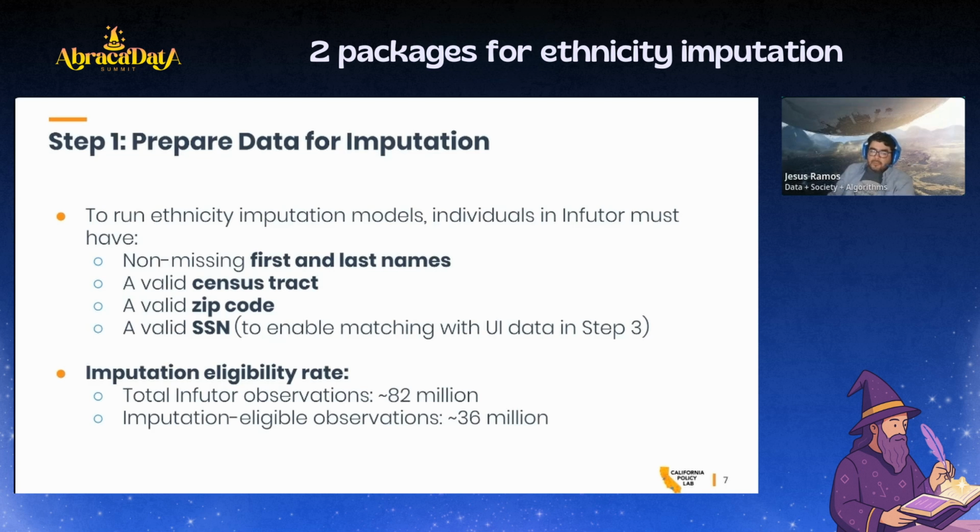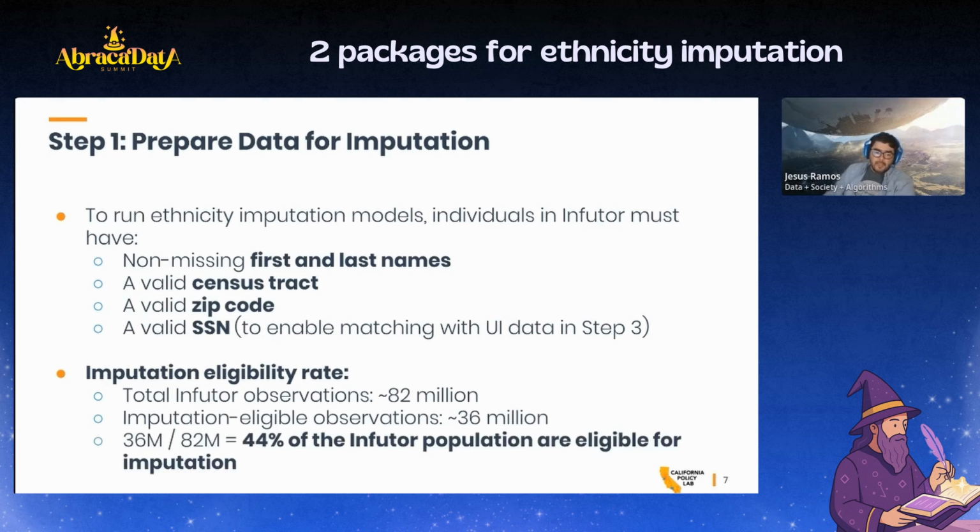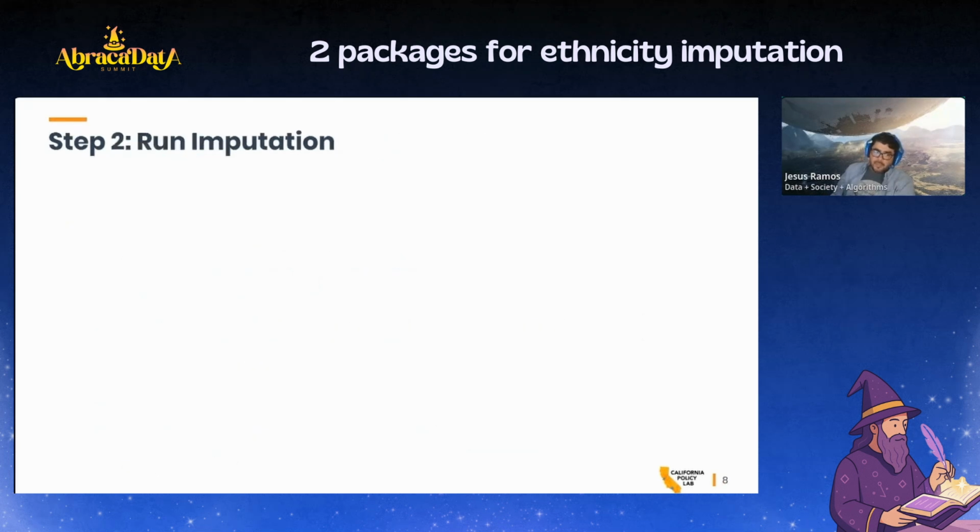So yeah, we're losing quite a bit. We're losing more than 50%. But for the exercise that we wanted to execute, this was fine. 44 are eligible for imputation, whereas the rest is not.